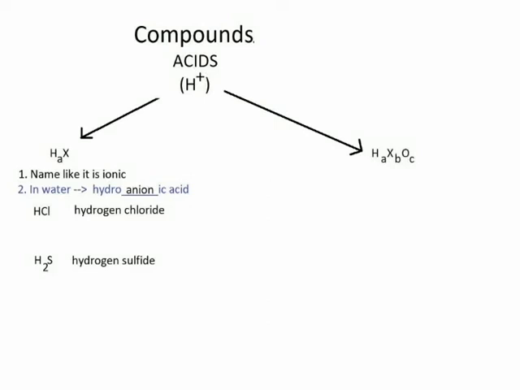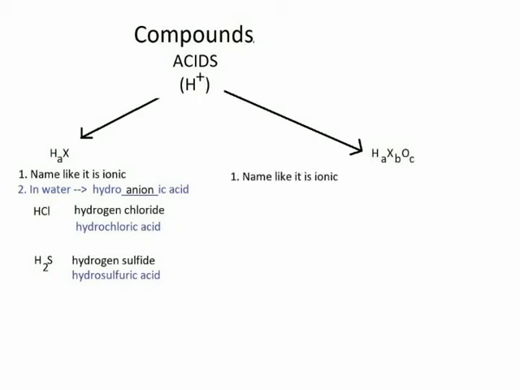So HCl in water would become hydrochloric acid. H2S, hydrogen sulfide dissolved in water, would become hydrosulfuric acid. In pure form you should name them like ionic compounds. In water, you add the prefix hydro and change the ending to ic acid.